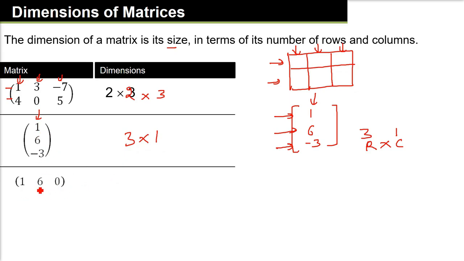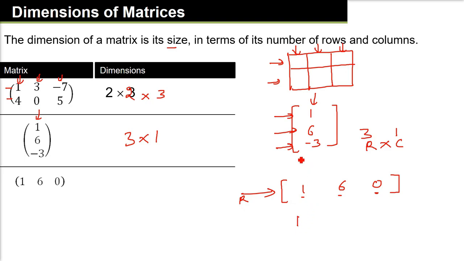Here we have one more matrix, 1 6 0. Now here only 1 row is there. How many columns are there? 3 columns. So 1 row and 3 columns. 1, 6 and 0 are different members in one row.